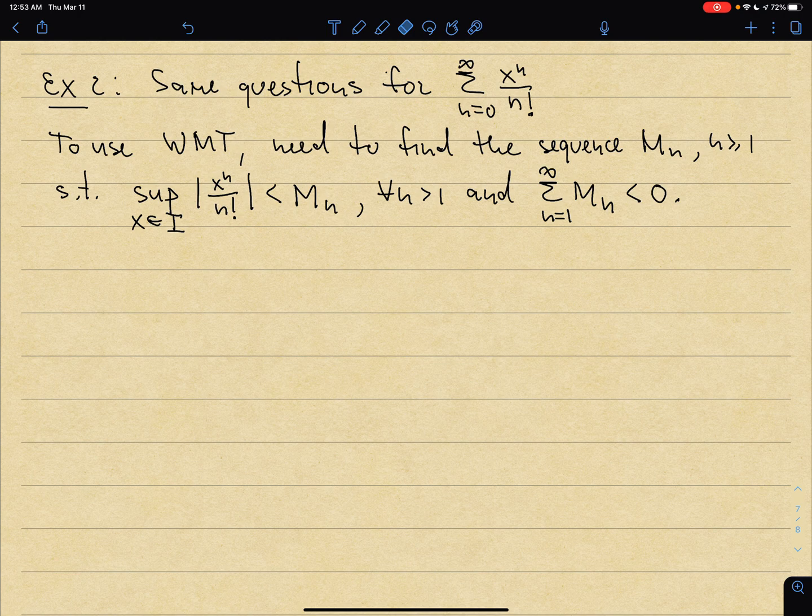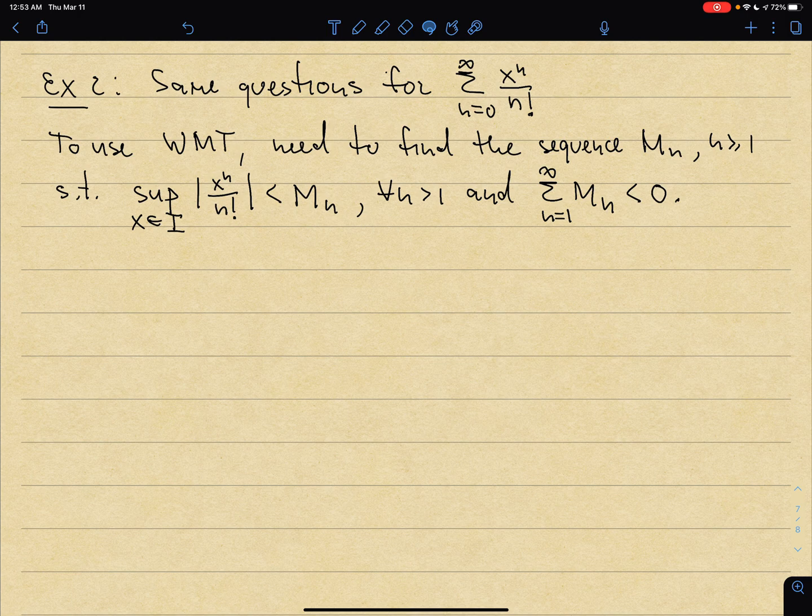If I assume that x can be any number between minus infinity and infinity, then I will run into trouble, because in that case x to the n over n factorial, when I take a supremum in x, is going to be infinity. So I will not be able to use Weierstrass M-test. It doesn't tell me anything.